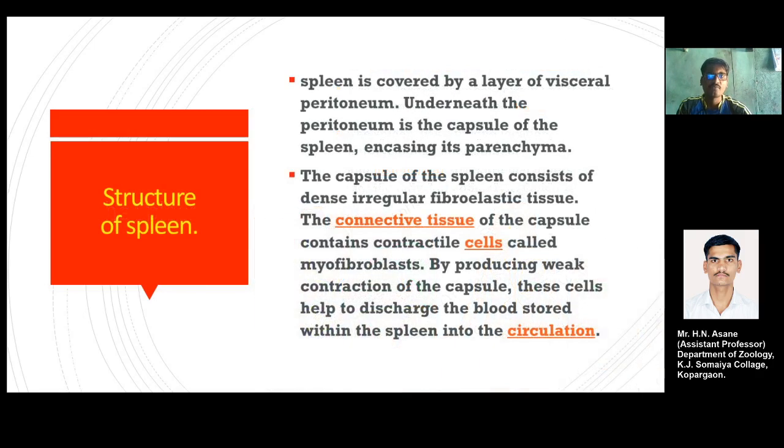The spleen is covered by a layer of visceral peritoneum, and underneath the peritoneum is the capsule of the spleen, which encases the parenchyma. The capsule of the spleen consists of dense irregular fibroelastic tissue.